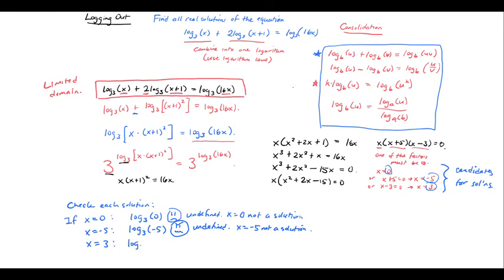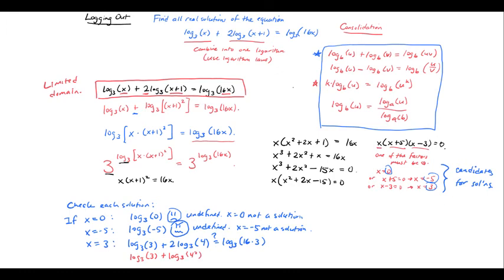Okay, so if I plug in x equals 3, I get log base 3 of 3 plus 2 log base 3 of, what's 3 plus 1? That's 4, equals log base 3 of 16 times 3. So is that true? Well, I can actually check, because this left side here is equal to log base 3 of 3 plus log base 3 of 4 squared.